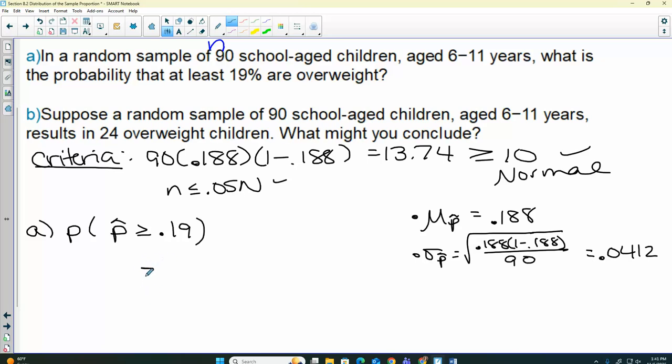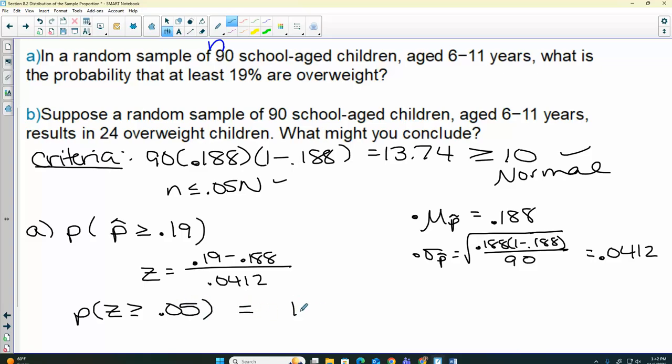Now that I have those, what do I need to find? The z-score. Z is our value minus the mean divided by our standard deviation. So we get the probability that Z is greater than 0.048, so 0.05.